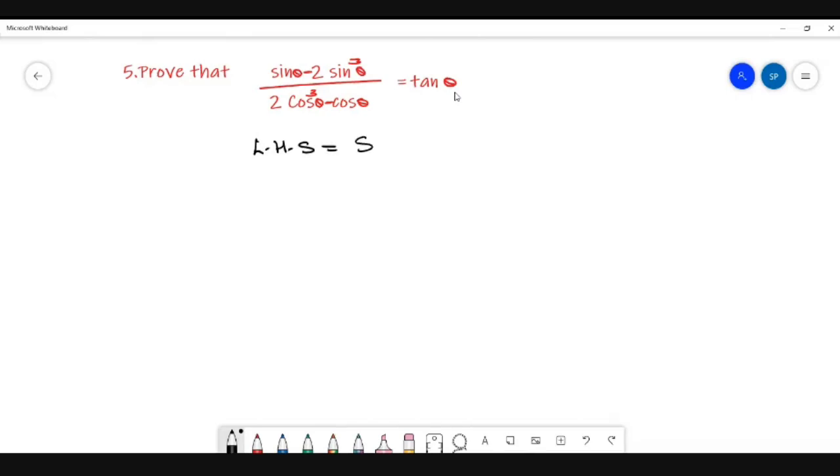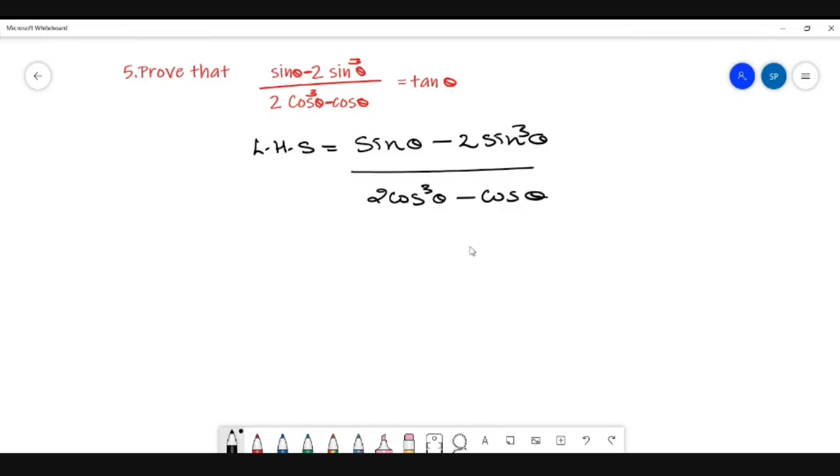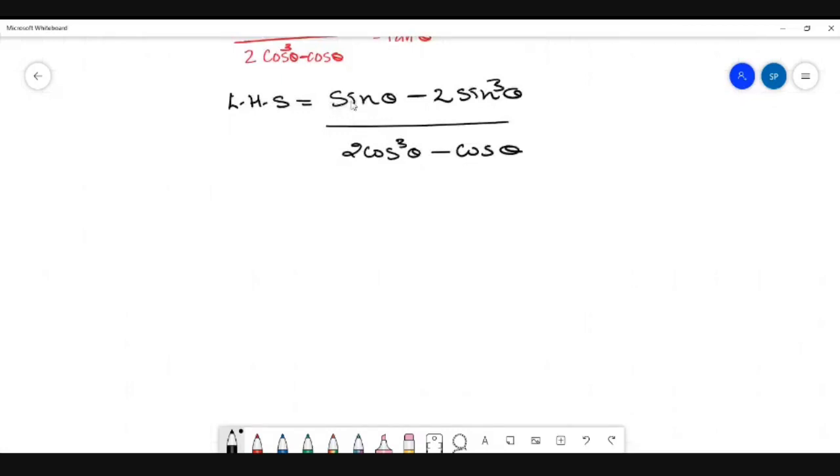Left hand side of the expression is (sin theta minus 2 sin cube theta) whole divided by (2 cos cube theta minus cos theta). Now we have sin theta common, so let us take sin theta common.